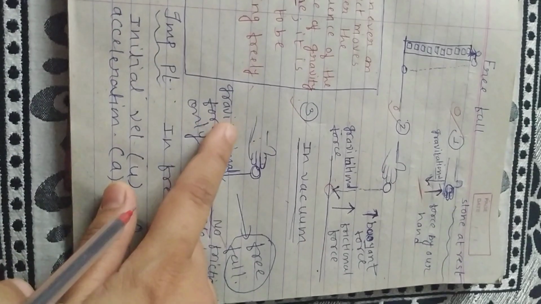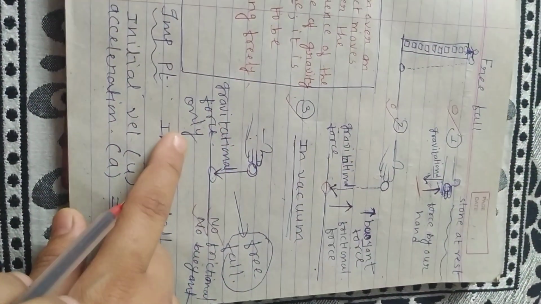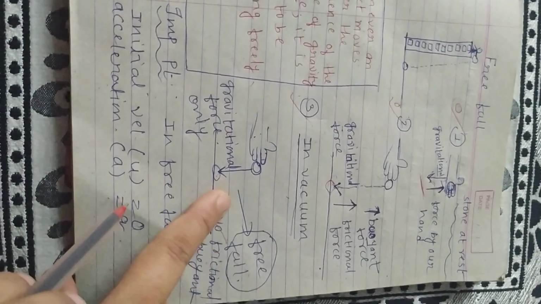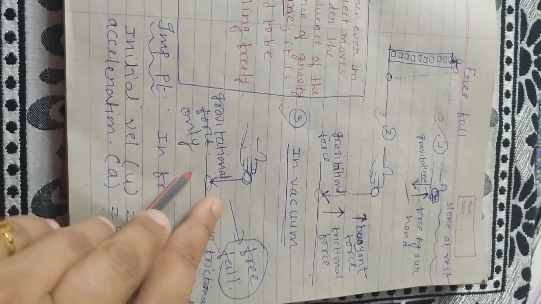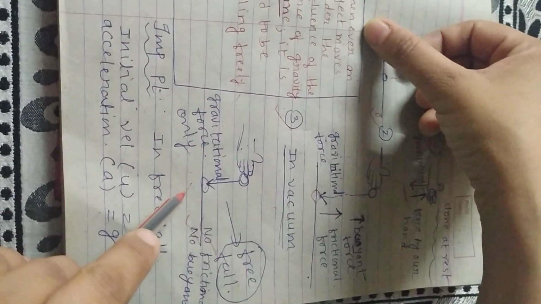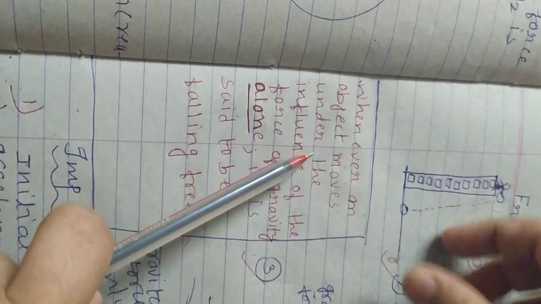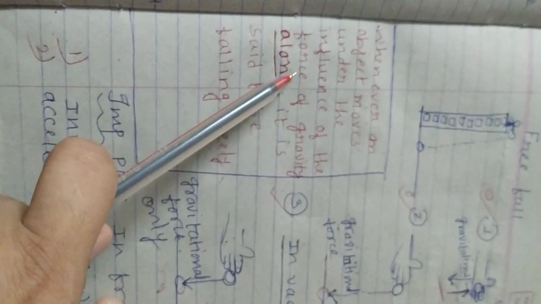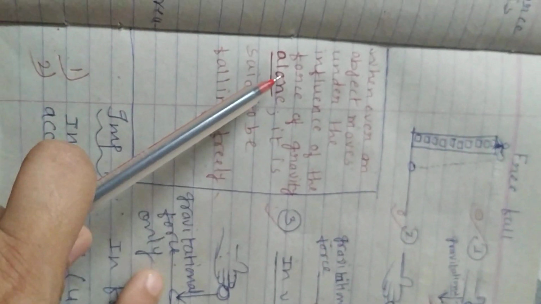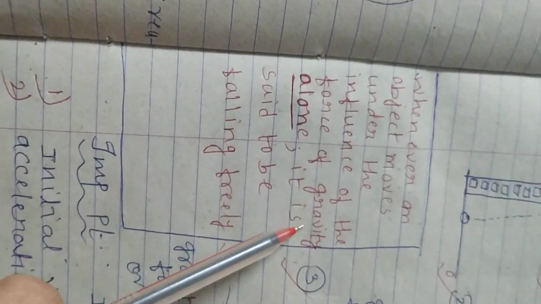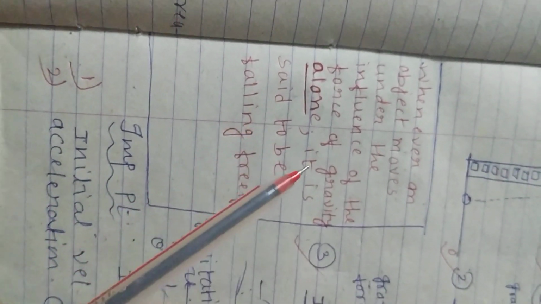That means only gravitational force will apply. Okay, so this is called free fall. So what is a free fall? Whenever an object moves under the influence of the force of gravity alone, it is said to be falling freely.